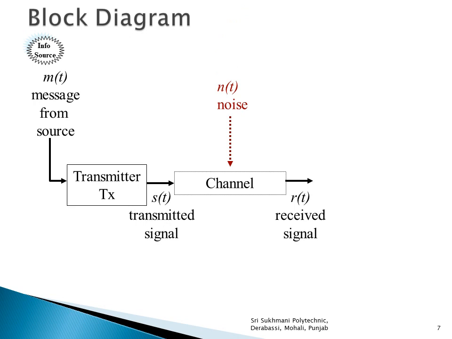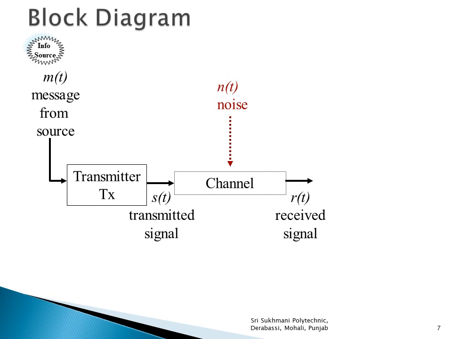Information source: let us suppose we have a message m(t) at the left hand side. This message is passed on to the transmitter. The output of the transmitter is s(t). After modulation, it is passed on to the channel.